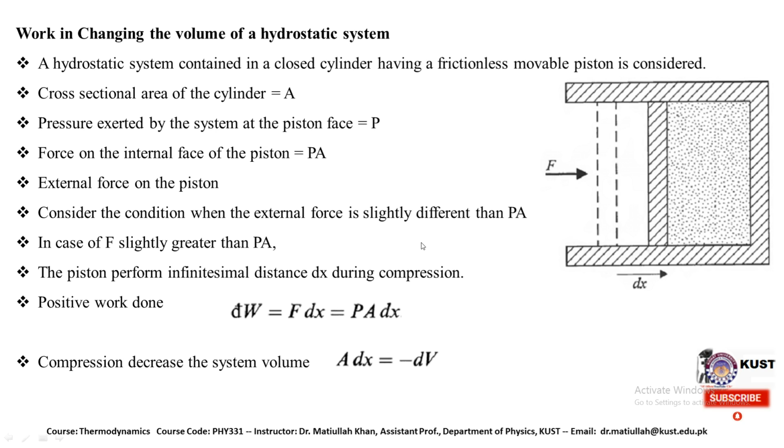The work done due to this infinitesimal displacement is dW equal to F dot dx. We can put the value of F here, so it equals PA dx. The compression decreases the volume of the system, and that is why A dx is equal to minus dV. Putting this value here, we get the infinitesimal work done equal to minus PdV.